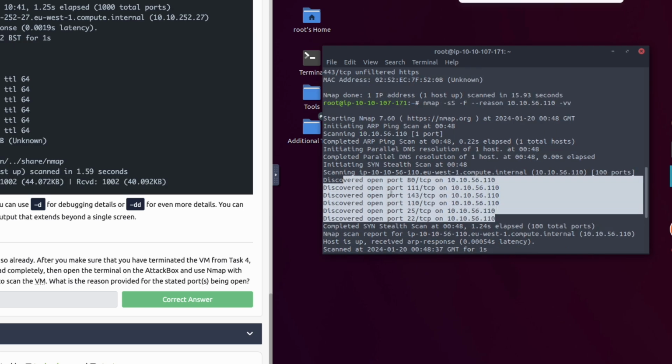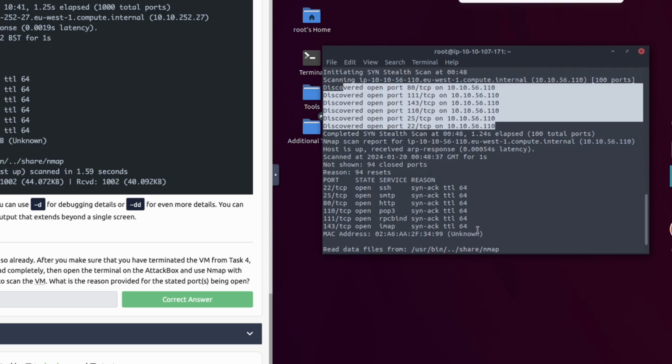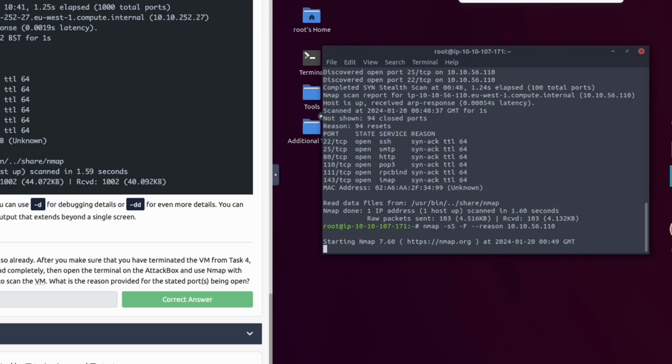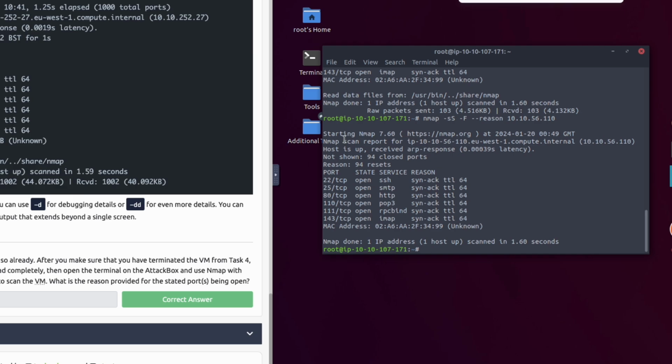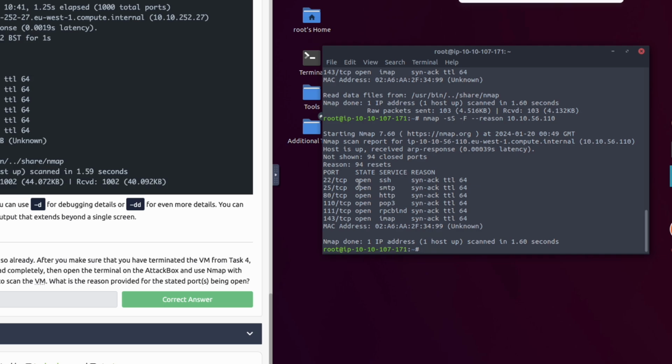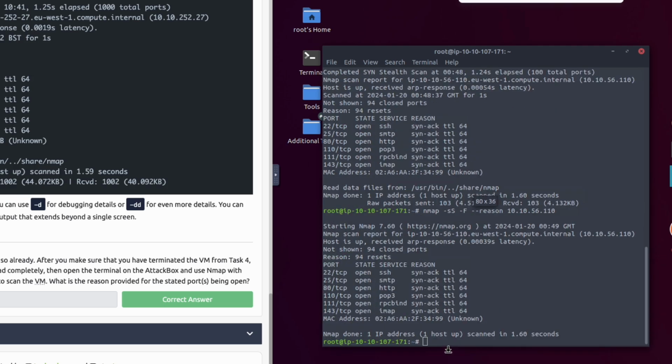If you ran it without VV, let me actually do it. Let me run it without VV so you can see. I'm going to do it one more time, and I'm just going to delete VV, and it's going to run it, and boom. So the result is much shorter, right? And then there's no discovered notification that happens.